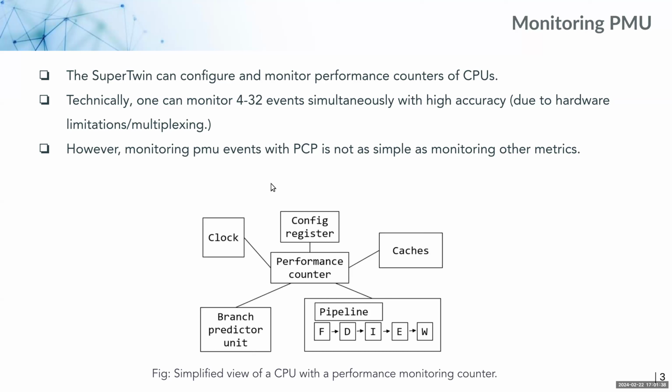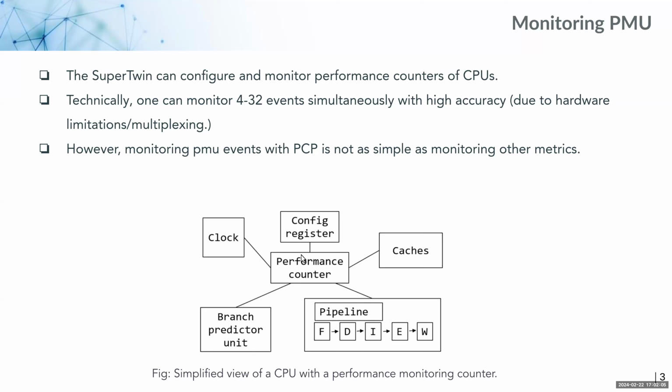So we wanted to give this feature to SuperTwin, and SuperTwin can now also configure and monitor these performance counters of CPUs. Technically, based on the microarchitecture, you can monitor 4 to 32 events simultaneously with high accuracy, but this depends on how the performance counter is actually implemented.